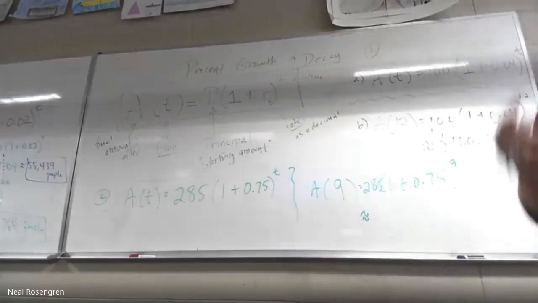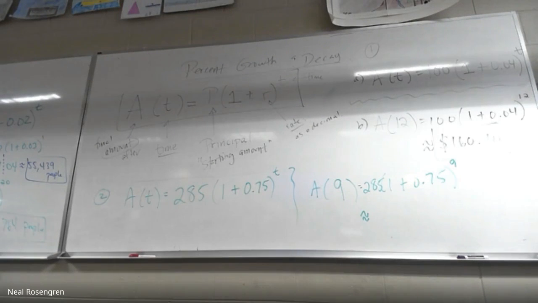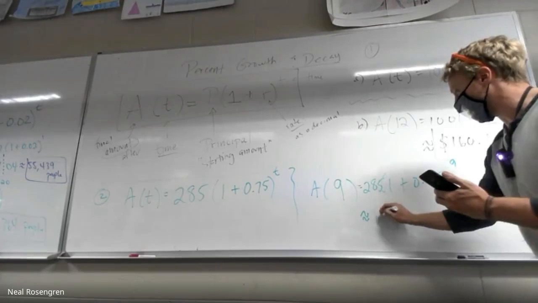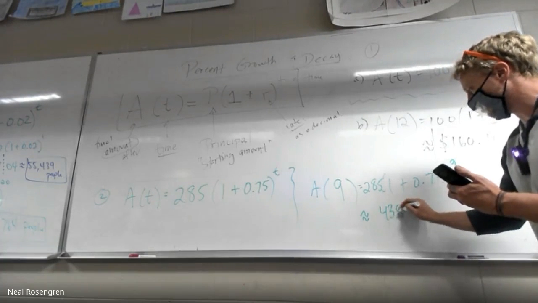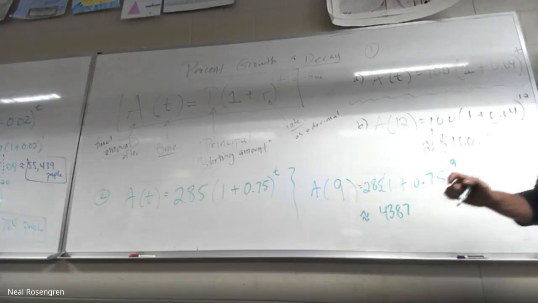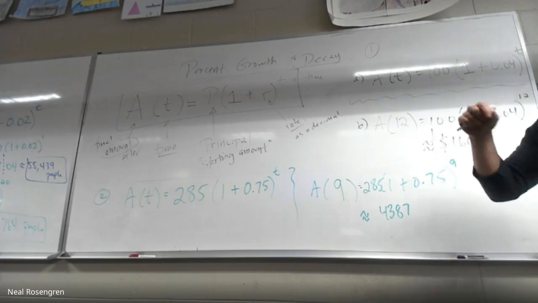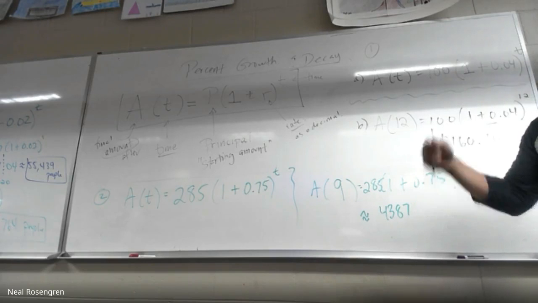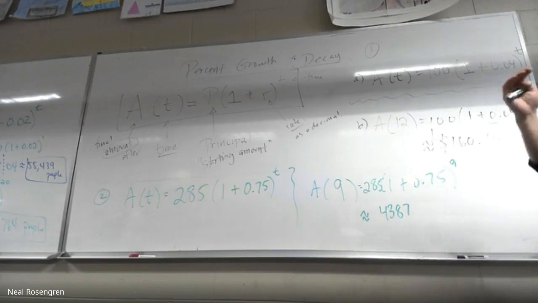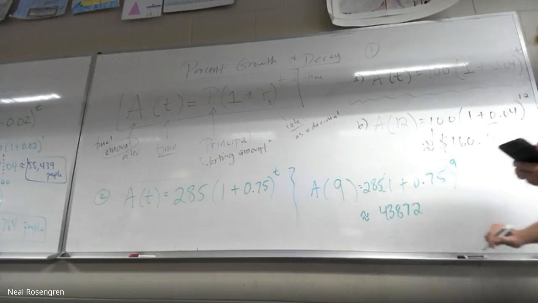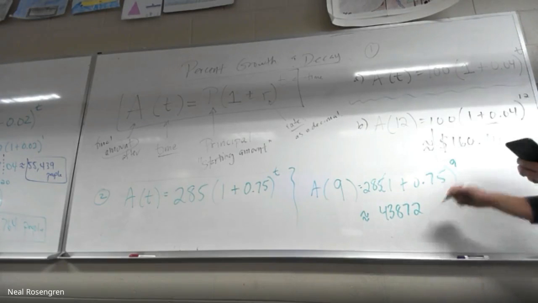Whole number. Okay, no decimal. So 43,872. 1 or 2? 2. It's because that .9 is 5 or bigger. So 5 or above, give it a shove. 43,872.